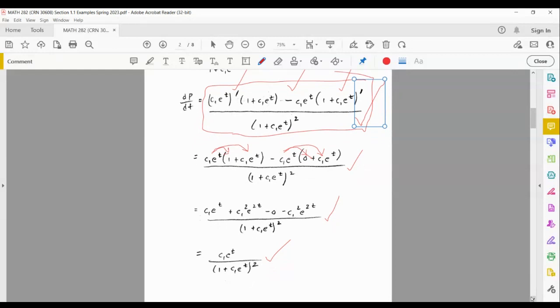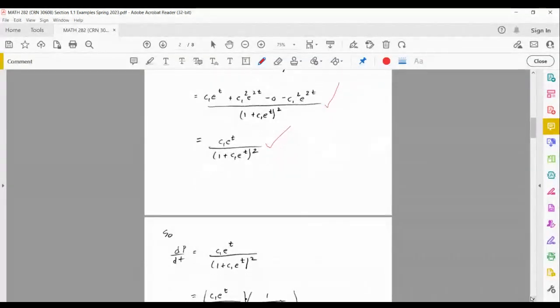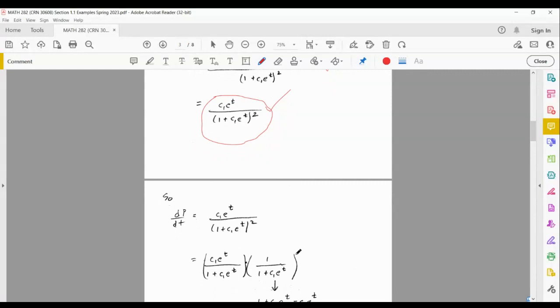All right, so what we can do is take our derivative and actually split it up, like I do here.